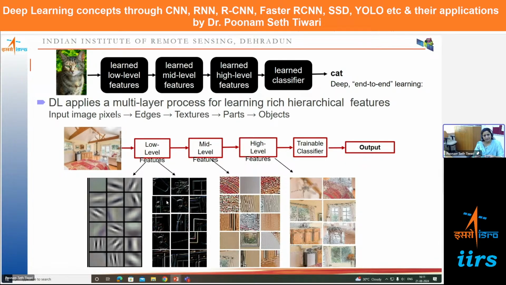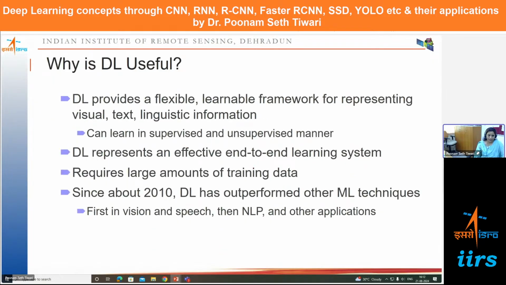In the middle level, the edge pixels are fused together, combined together to form certain bigger objects, and then finally in the high level features you can see the entire fan, entire table, entire window, everything is made using the lower level features. Lower level features in this case were the edges. Okay. So in this manner it successively goes on learning.